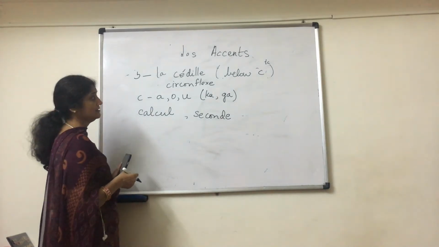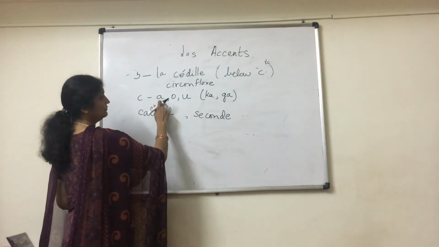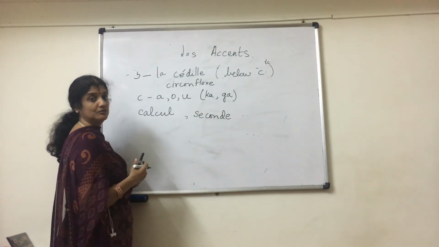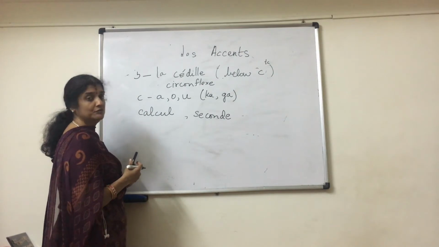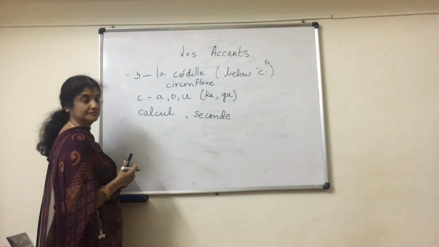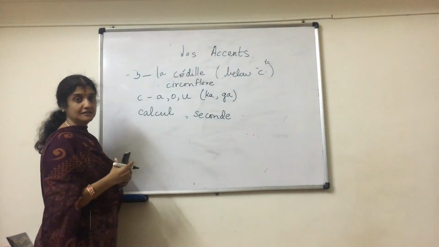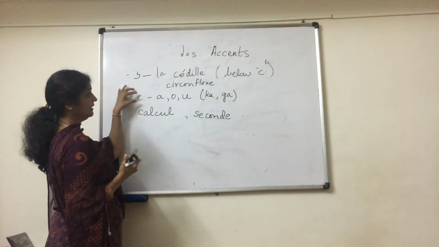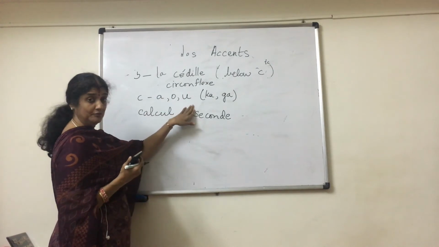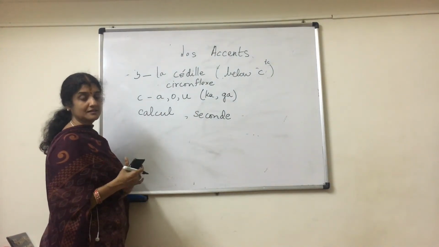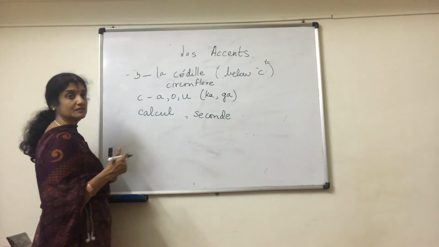So what happens when C is followed by A, O, U and it needs to retain the original S sound? Then you put the cédille below the C. So which is why I said terms and conditions apply. That is, when C is followed by A, O, U and it is mandatory for it to retain the original S sound, then you put the cédille below the C.